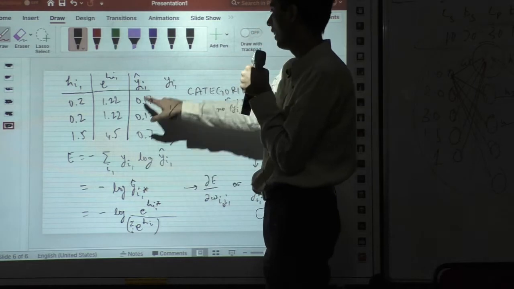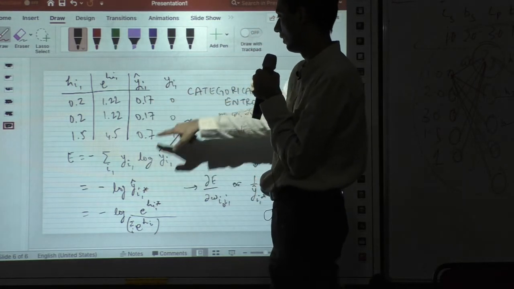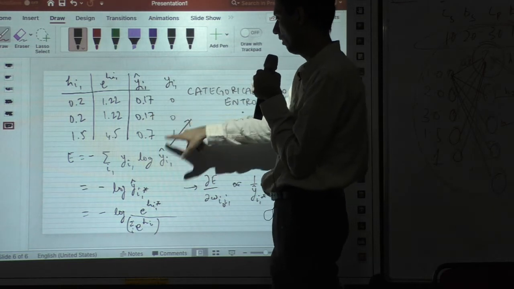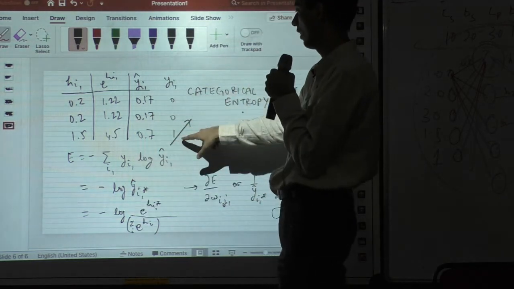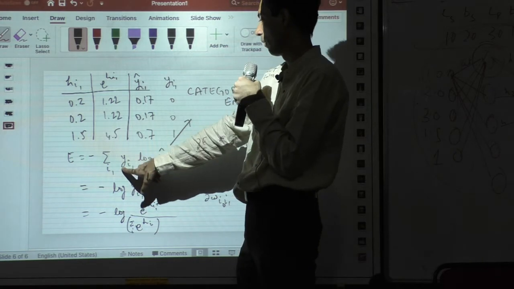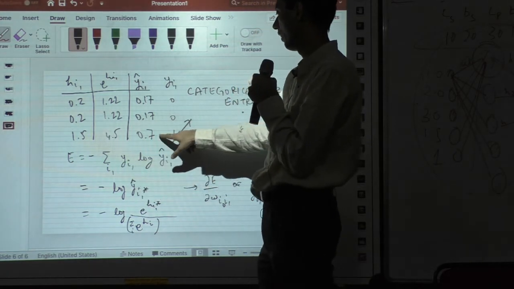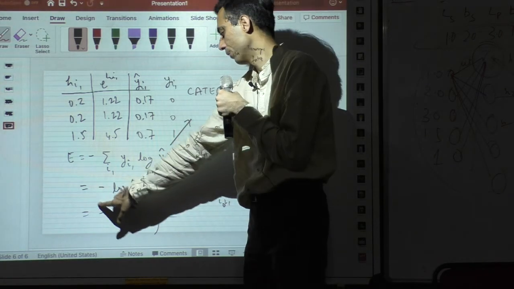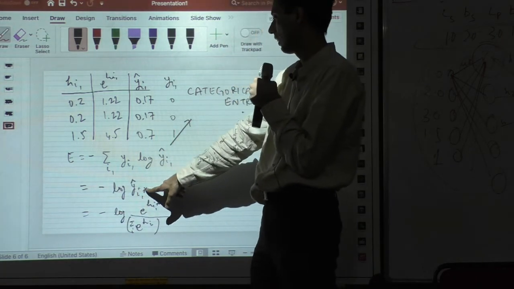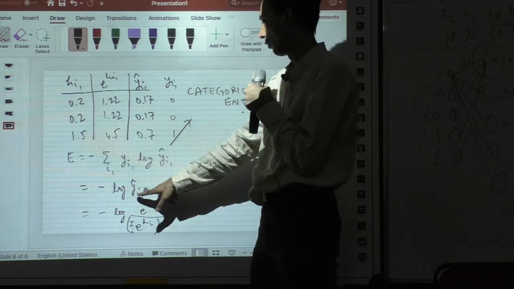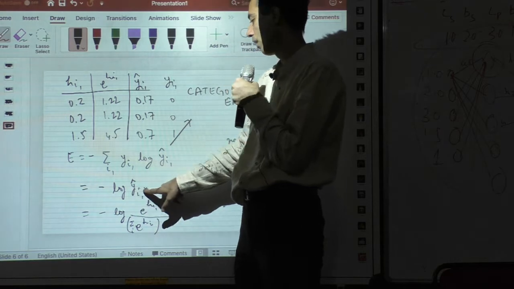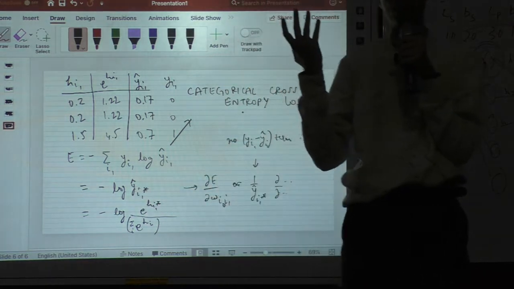So for i1 equal to 0 that term goes away, for i1 equal to 1 it goes away, and for i1 equal to 2 it stays, it becomes 1 and you get log of 0.7. That's what you also get when you substitute here. Your i1 star is 2, so y_i1 star is 0.7. So you get minus log 0.7 as your loss.